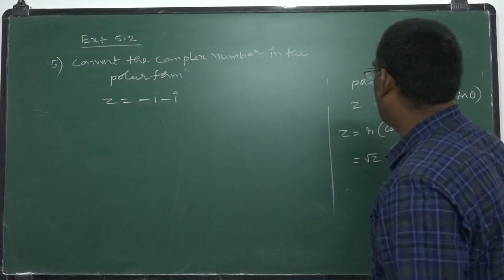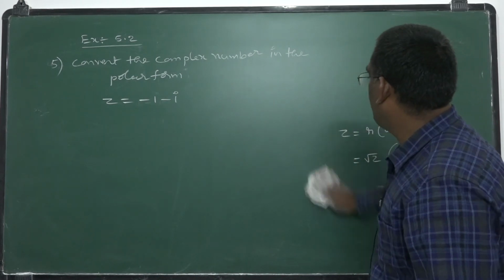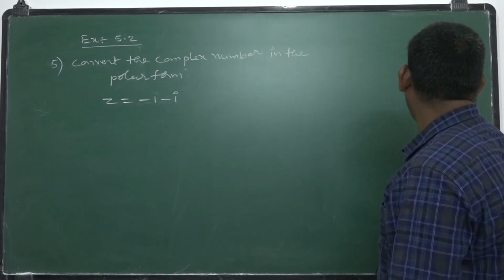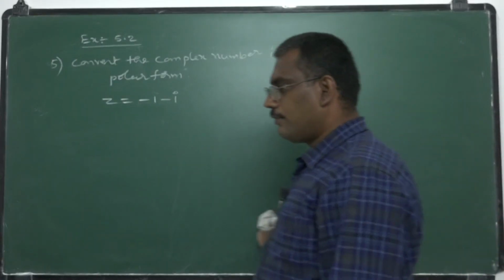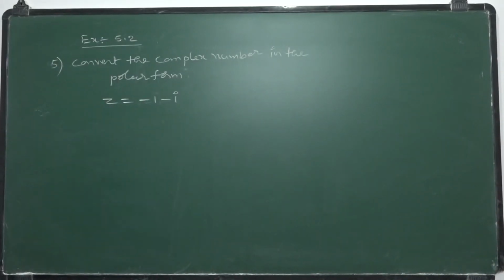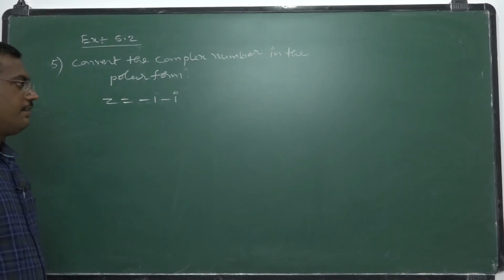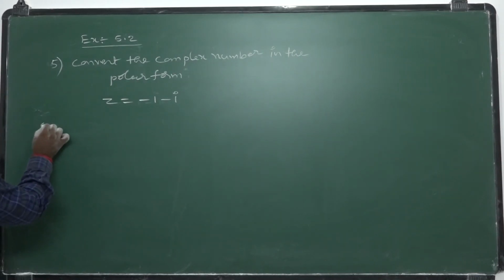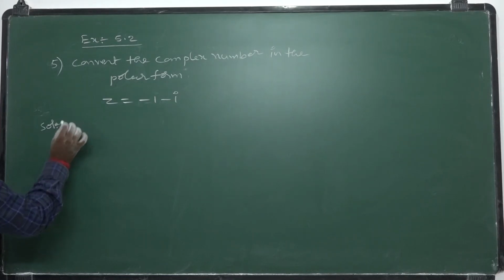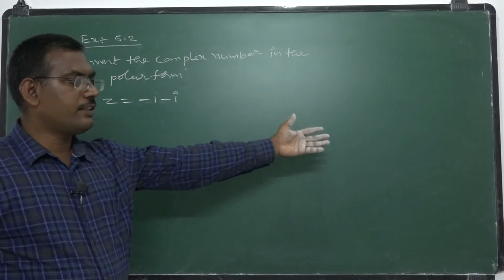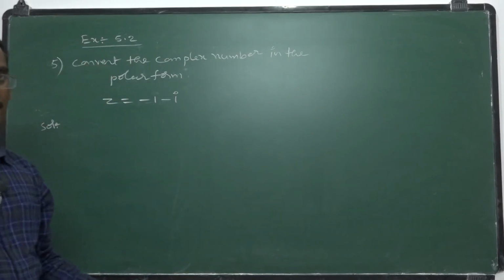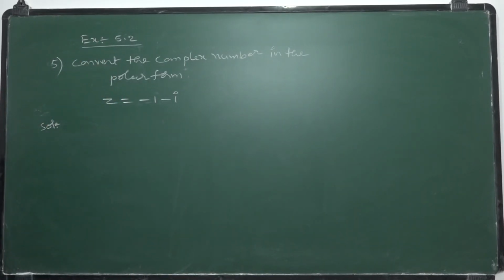We express the complex number minus 1 minus i in polar form. Polar form means we express the given complex number in the form of r of cos theta plus i sin theta. Solution. Just find the r value and theta value, and substitute them in r of cos theta plus i sin theta. That is the polar form of a complex number.